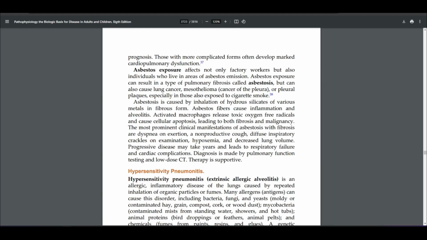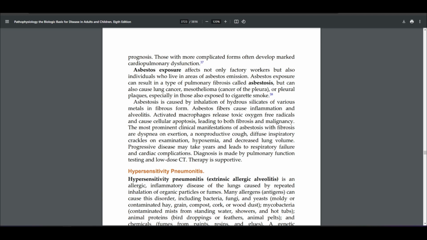Asbestosis is caused by the inhalation of hydrous silicates of various metals in fibrous form. Asbestos fibers cause inflammation and alveolitis. Activated macrophages release toxic oxygen-free radicals and cause cellular apoptosis, leading to both fibrosis and malignancy.